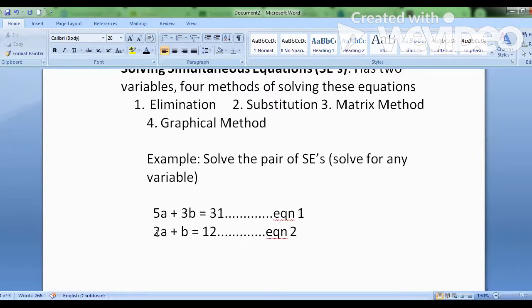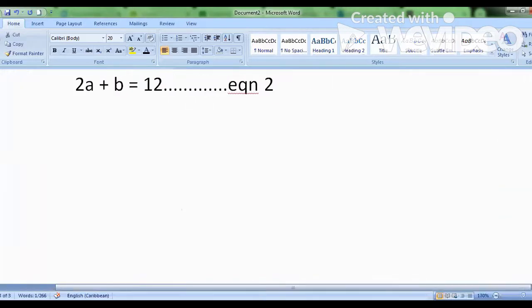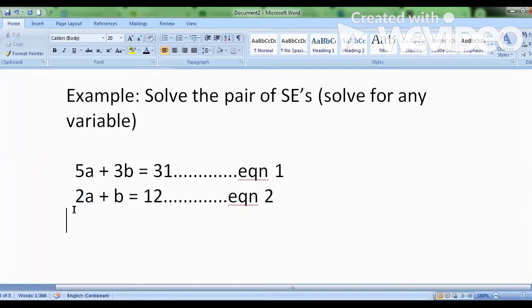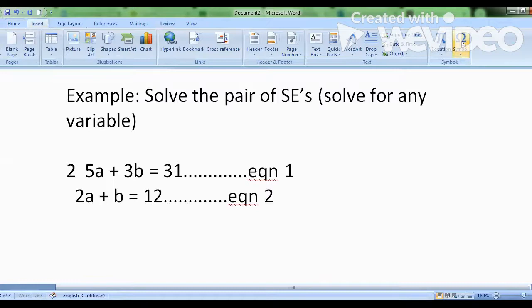So check this out. You see this 2 down here, and you see this 5? Are you guys seeing my screen? Yes, sir. What I'm going to do is multiply the top equation by 2.